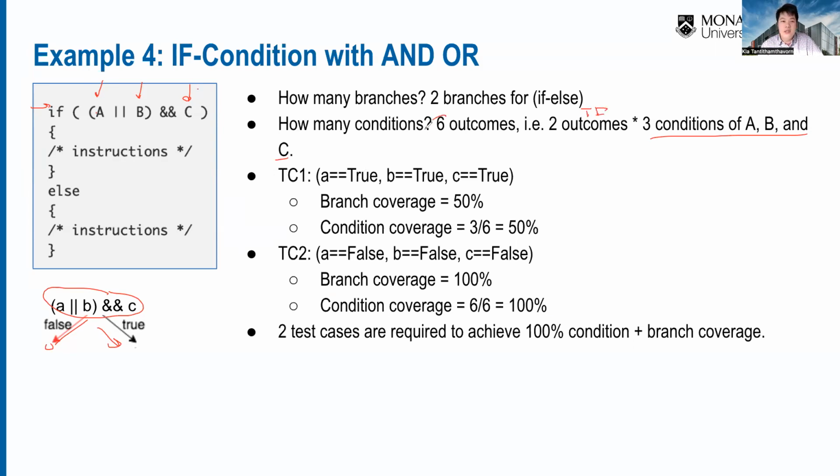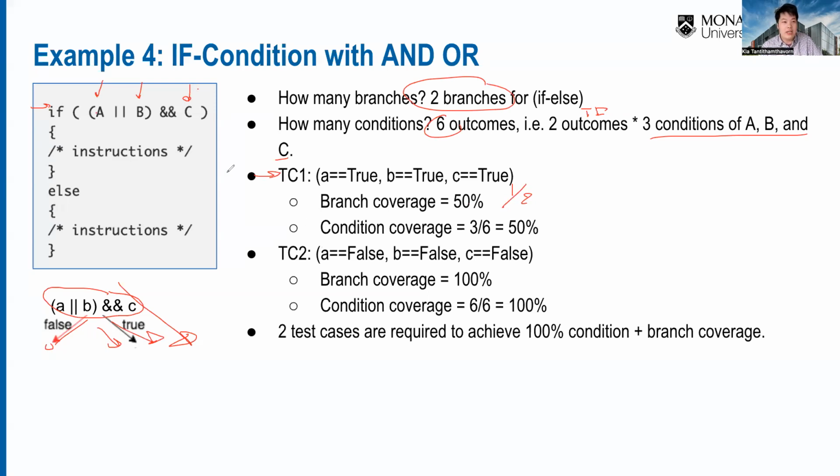If we have test case 1, TC1, and we test A true, B true, C true, what are the branch coverage and the condition coverage? There are 2 branches in total, and this test case goes to only one branch, so we achieve only 50% branch coverage, 1 divided by 2.